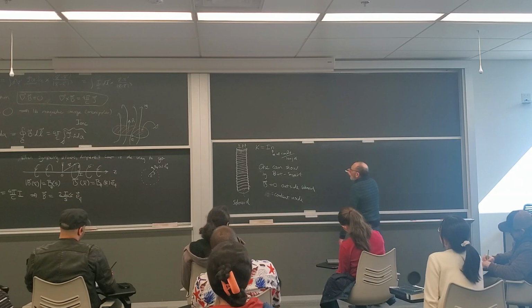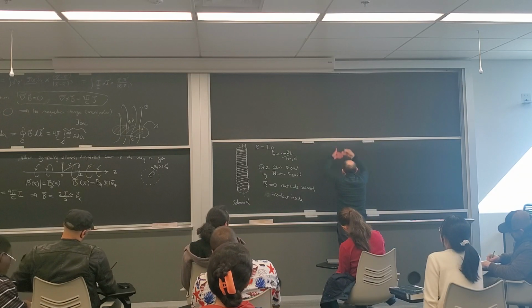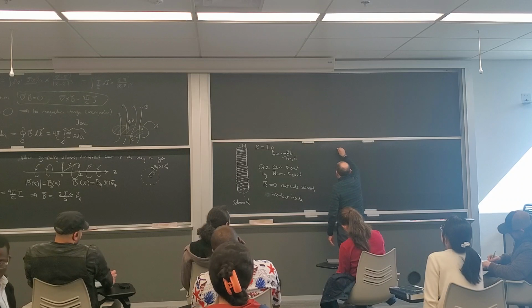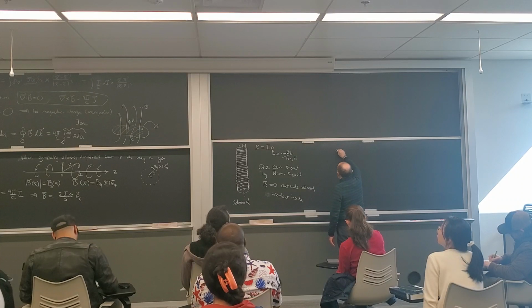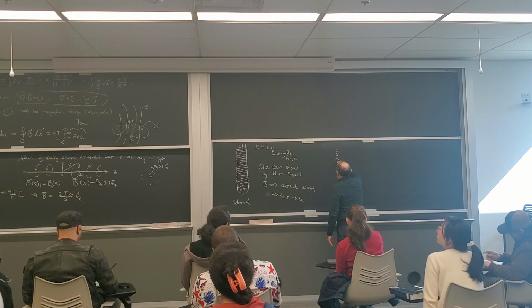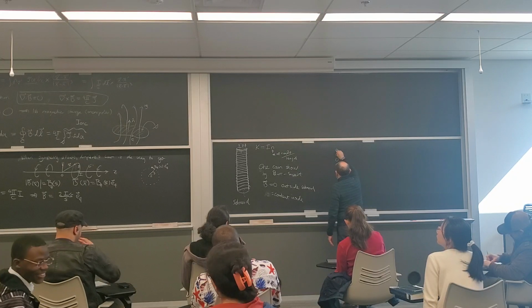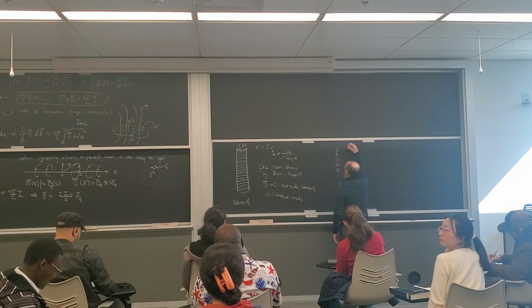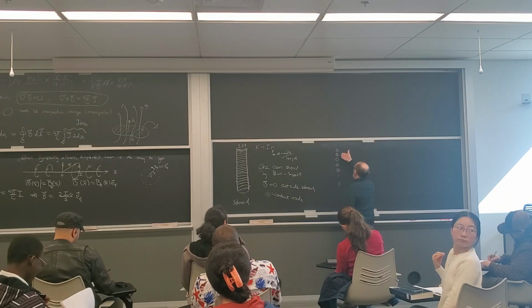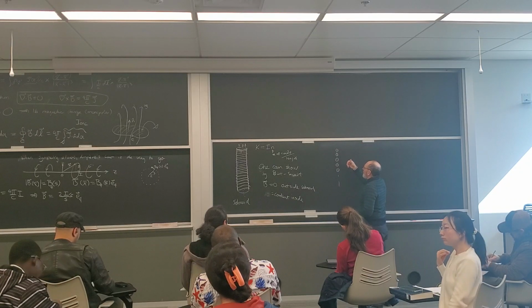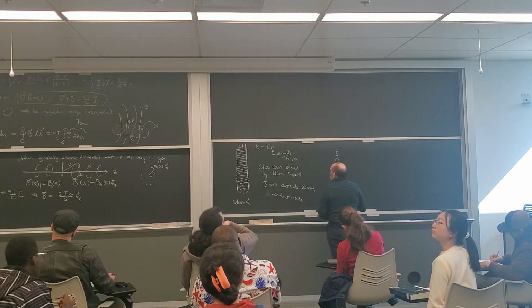So let's then draw a cross section of this thing, and I've got current coming out of the board here, and let's see which way am I? Hold on a second.